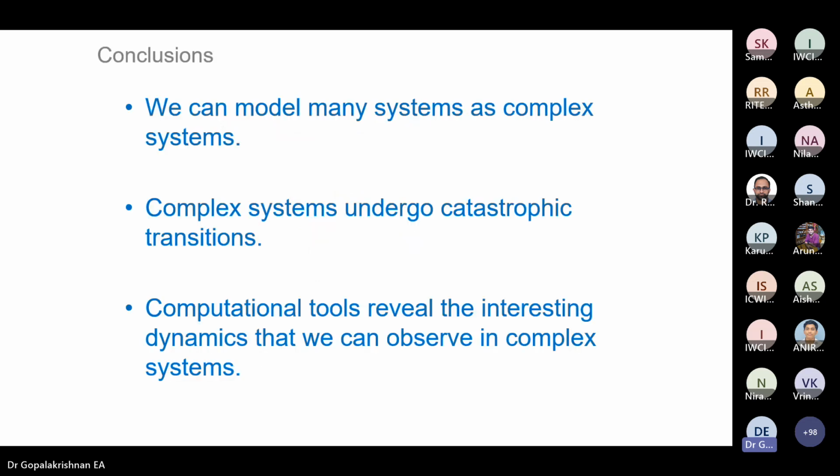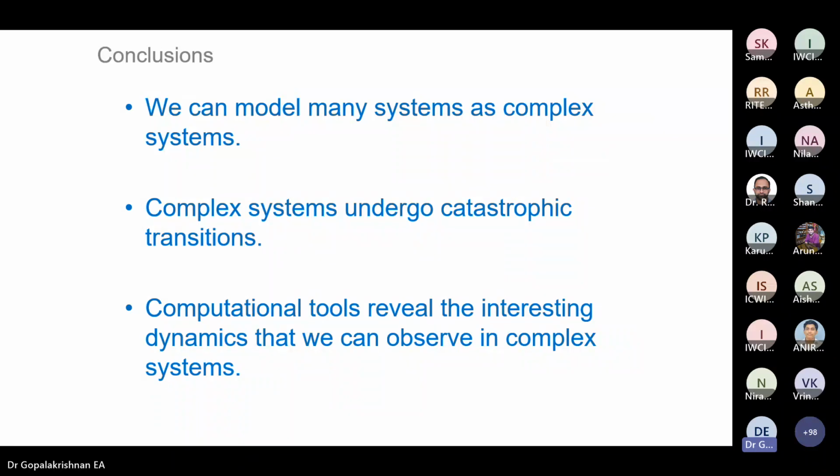And with this, I conclude. In summary, there are three take-home points that I want you to understand. One, you can model your system as a complex system. Two, these complex systems undergo catastrophic transitions, so you could study the catastrophic transitions possible in your systems.